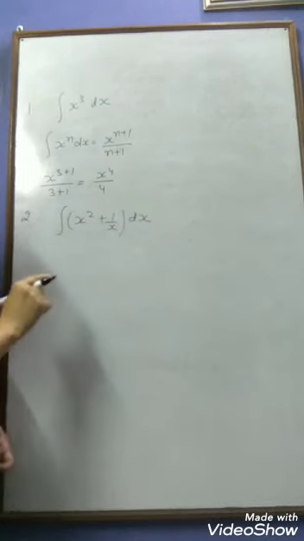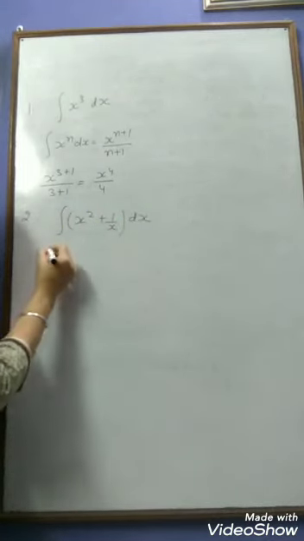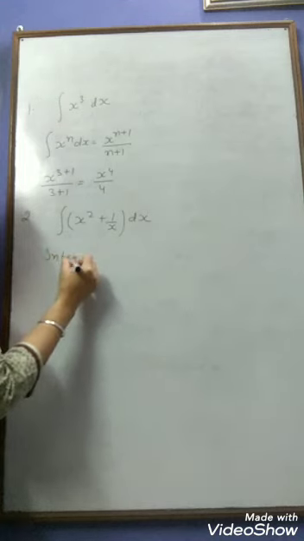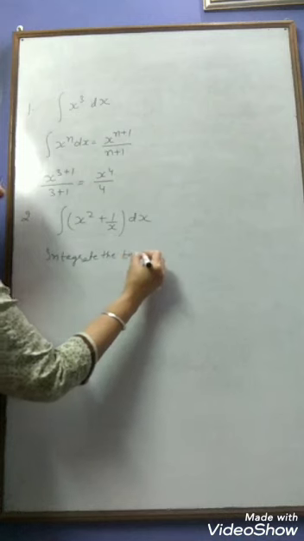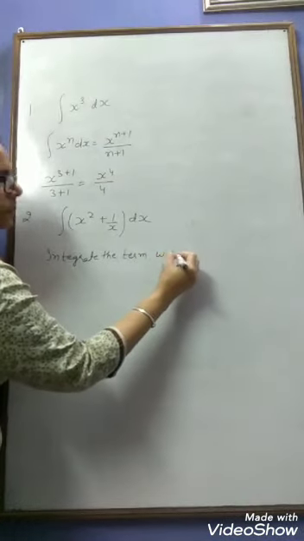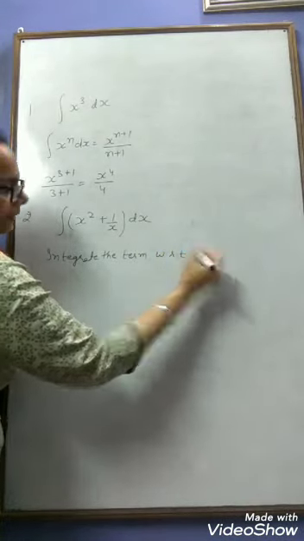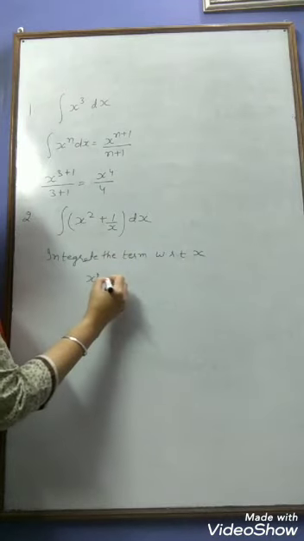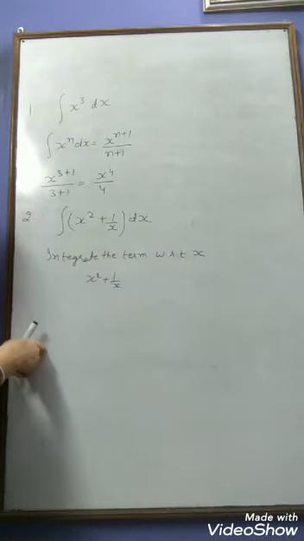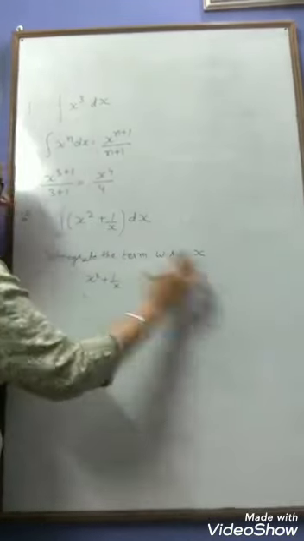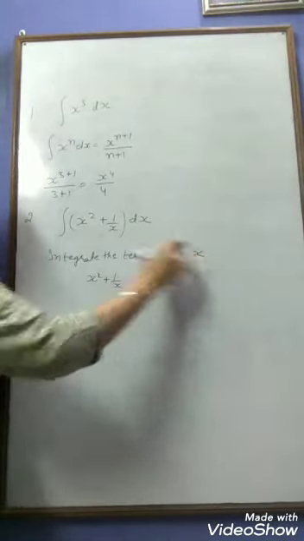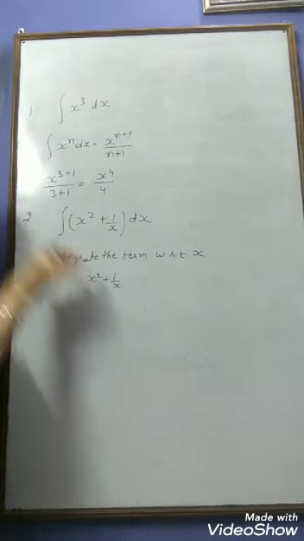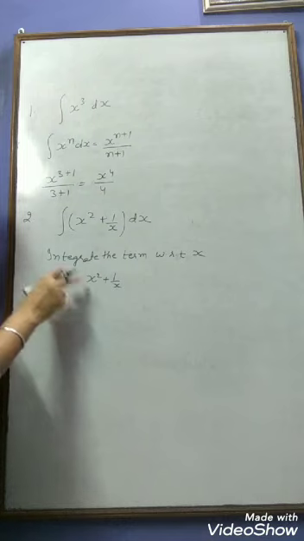The question will be written in this form: integrate the term with respect to x. Which term? This one. So what's the first step to solve this?